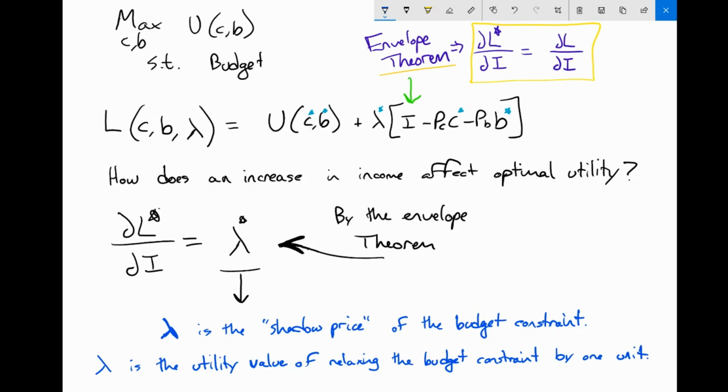It's how much utility you lose if your income goes down, making your budget constraint more binding, or the amount of utility you gain if your income goes up by 1 unit. So it's basically the utility value of that budget constraint.